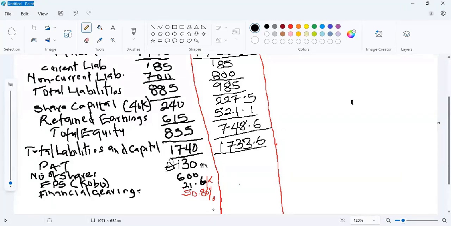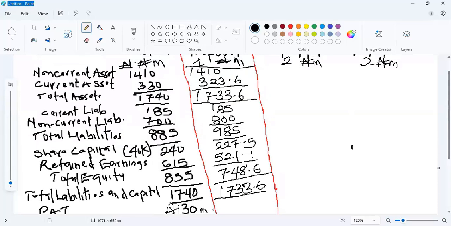Your account must balance. Look at it. Our account balances. Total assets 1,733.6. Total liability plus total capital 1,733.6.